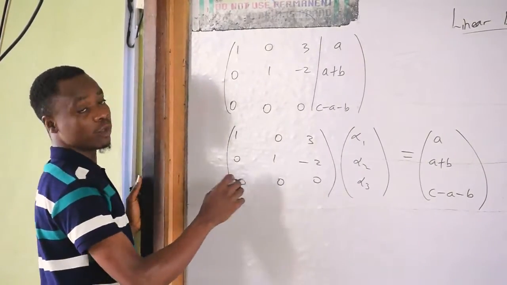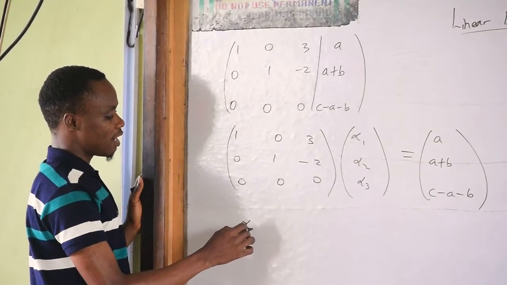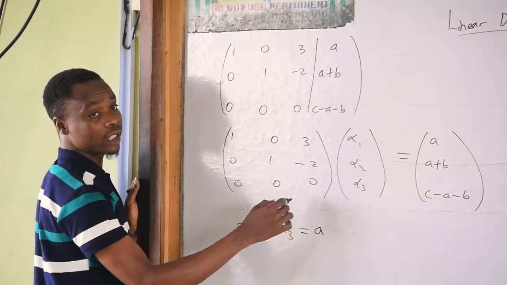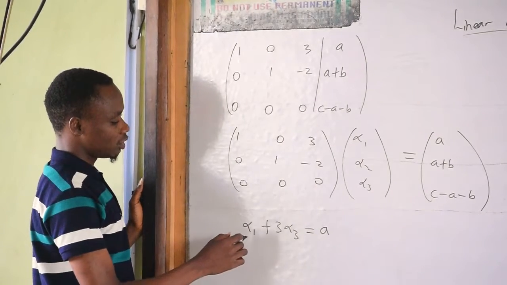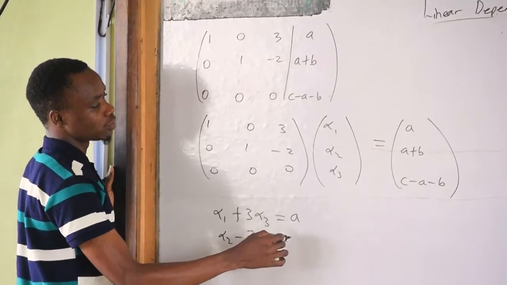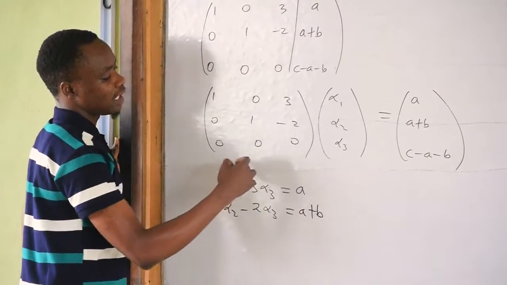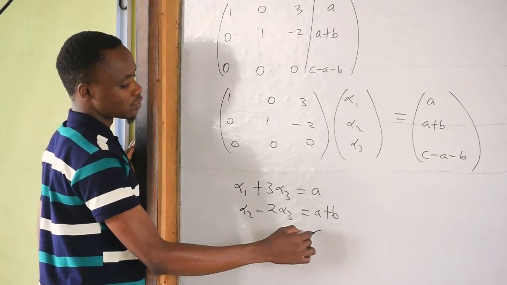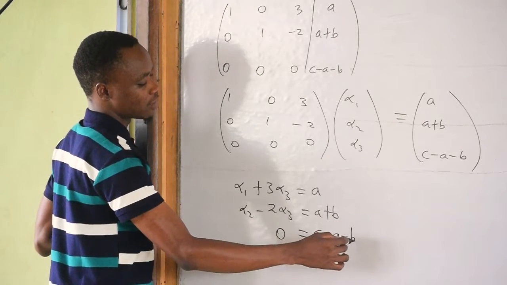So when you multiply this out, this is going to give you alpha 1 plus 3 alpha 3 should be equal to A. And the next one, alpha 2 minus 2 alpha 3 should be equal to A plus B. And the last one is going to be 0. 0 must be equal to C minus A minus B.